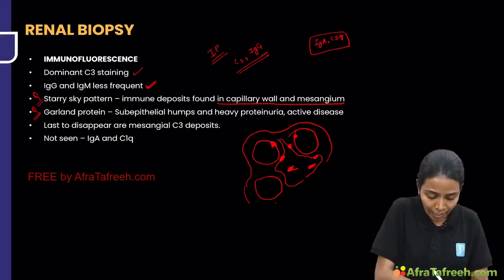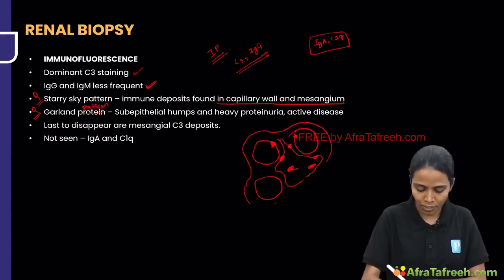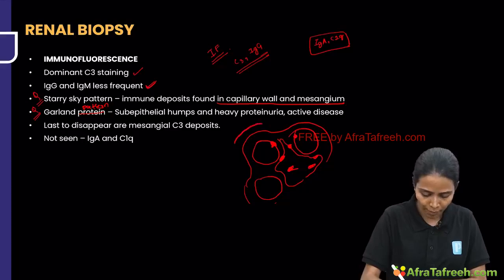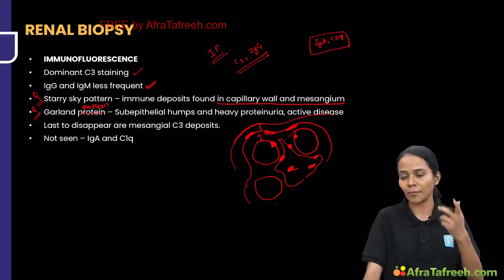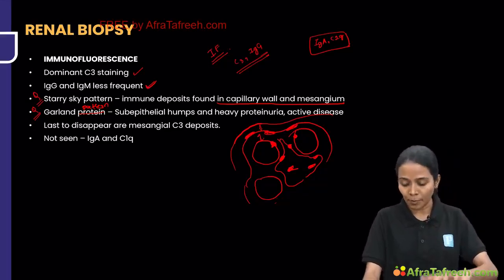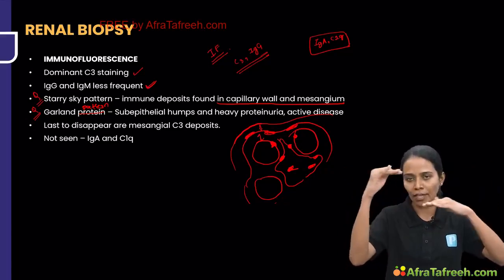Next is Garland pattern. So what is Garland pattern is, here we know is the GBM and here you know is the epithelium, right? So here antibodies are going to be deposited. See, in real there's not going to be this much space. Again and again I'm telling, because I'm explaining this so that you get the idea of that glomerular basement membrane and all these things.